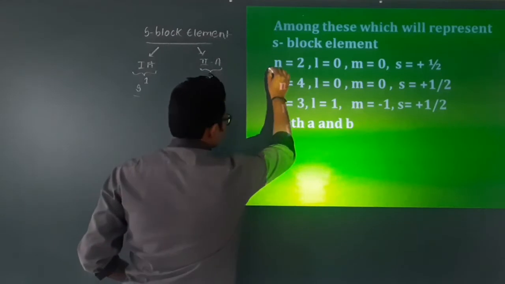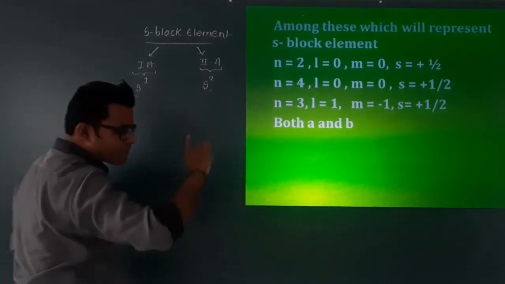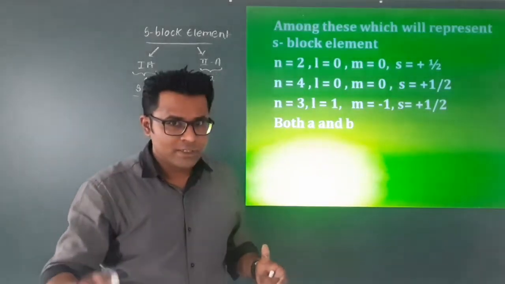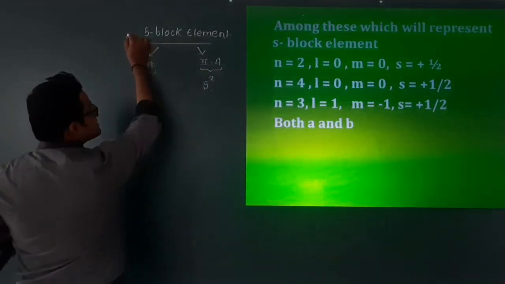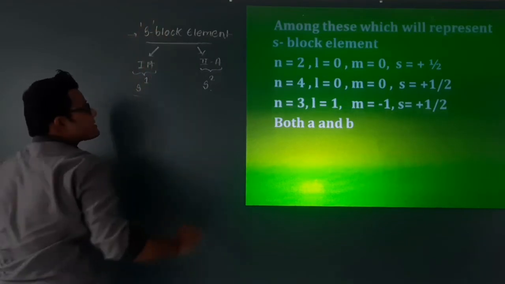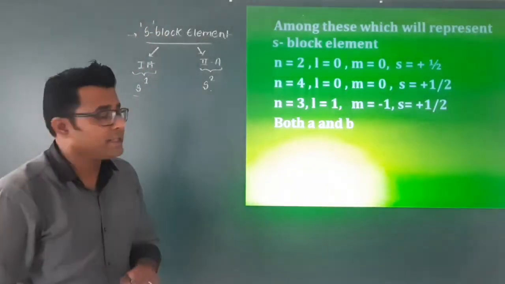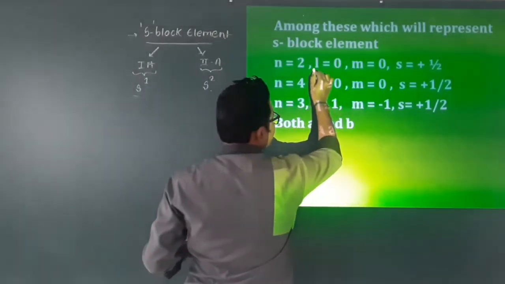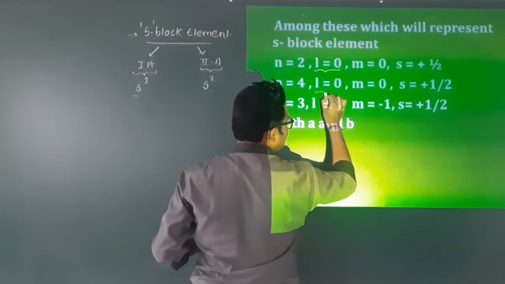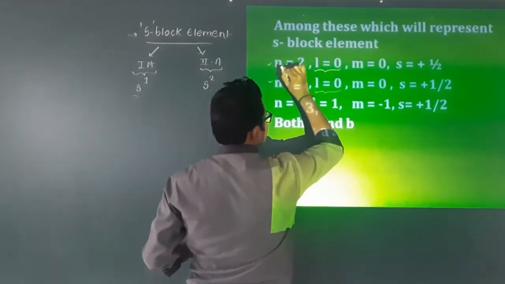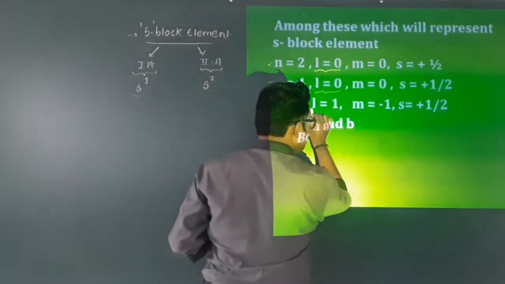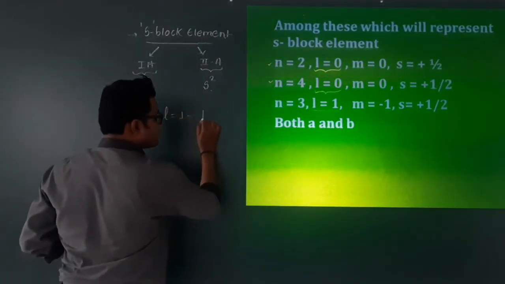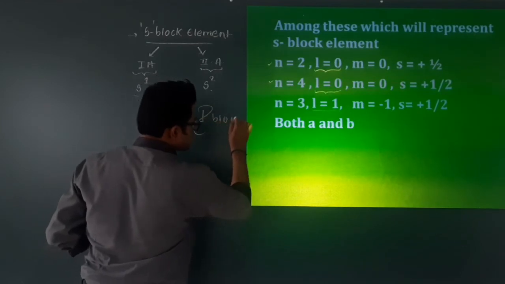Now, let's observe the given condition. n represents the shell, l represents the subshell. We already know the electron is going to enter the s subshell or s orbital. So if we observe the two values given here, l is equal to 0, yes, these are correct. But l is equal to 1, the azimuthal quantum number, is for the p block elements.